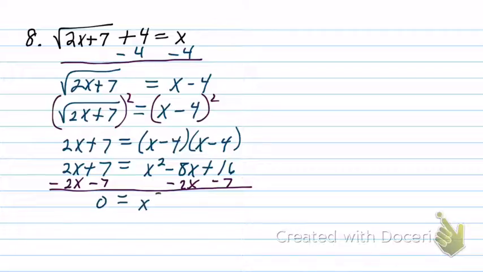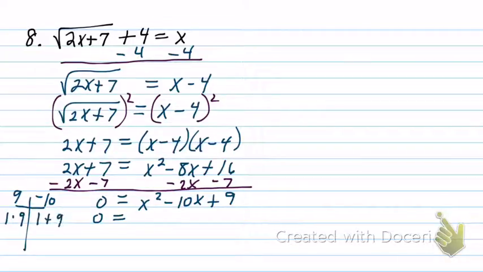If we subtract those from each side, we get 0 equals x squared minus 10x plus 9. So we need to find two numbers that multiply to 9 and add to negative 10. Negative 1 and negative 9 are what's going to work here.